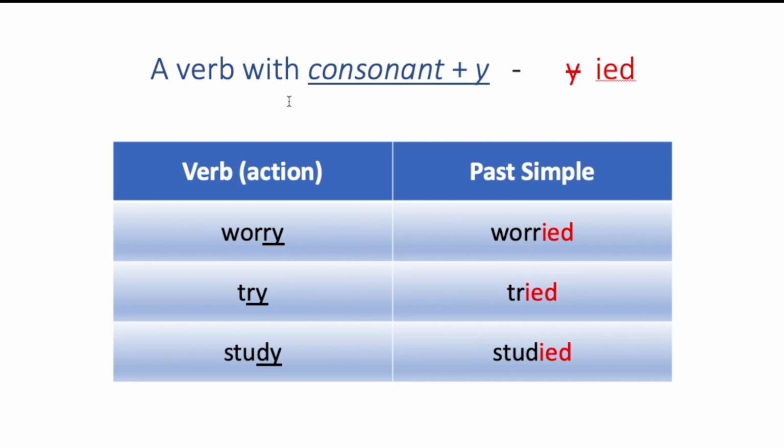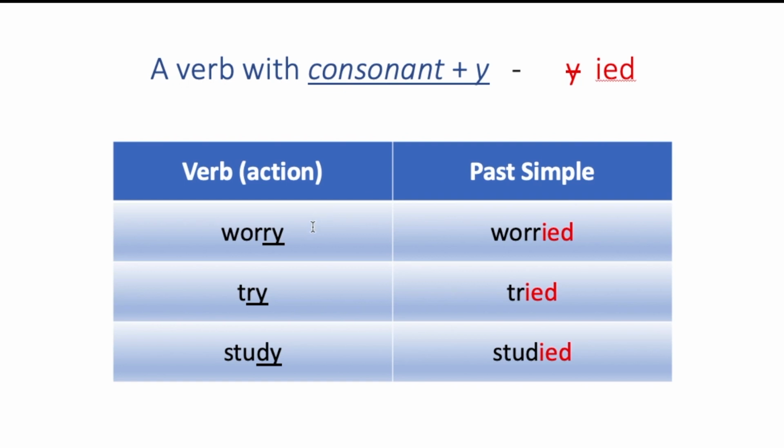Okay, if you have a verb where the last letters are consonant and Y, then you delete the Y and write IED for the past.